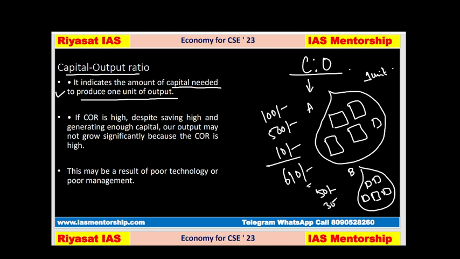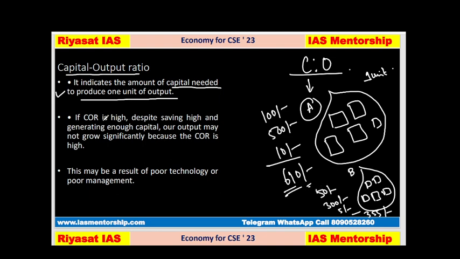Goods are coming for just 300 rupees and packaging is costing just 5 rupees. In total he is incurring just 355 rupees to produce the same basket which A has produced in 610. So this is your capital output ratio.